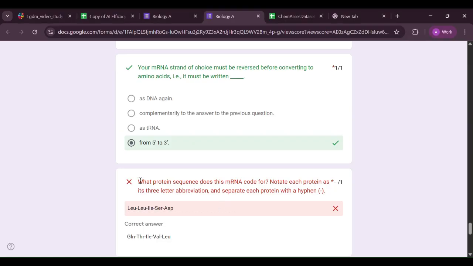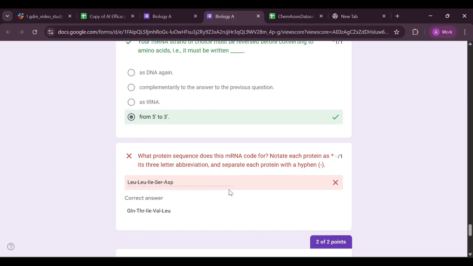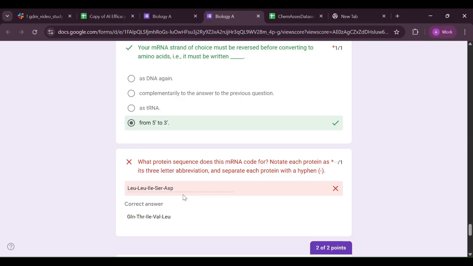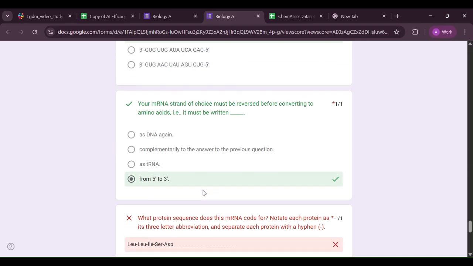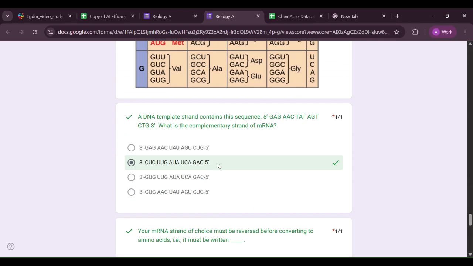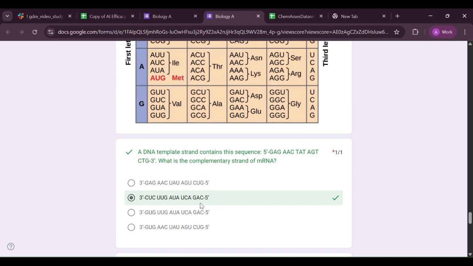Here it is written, the next question is: what protein sequence does this mRNA code for? Notate each amino acid as its three-letter abbreviation and separate each with a hyphen. I have given the wrong answer, and it is true that I have given the wrong answer, as we have to move from 5' to 3', and the complementary will be GAC.